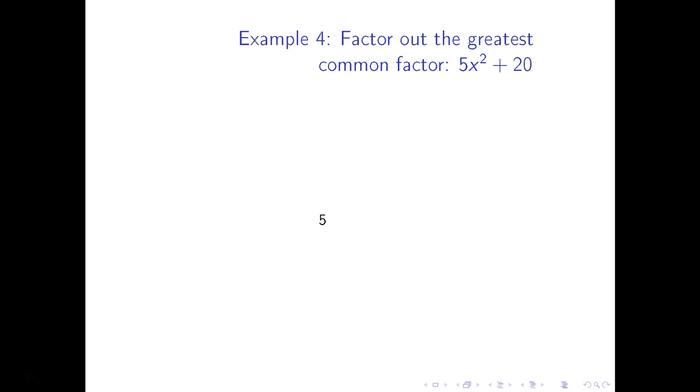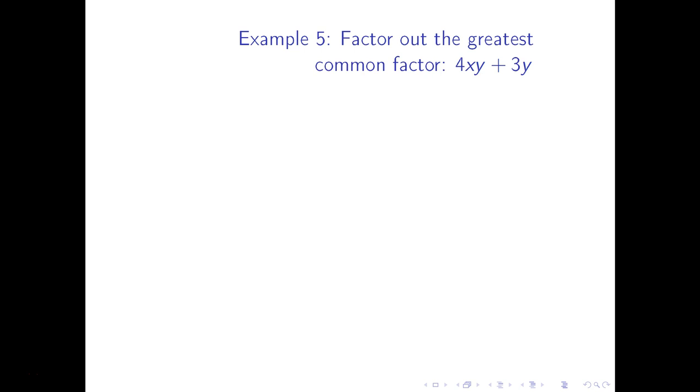Now I have to ask the question of each of the terms. 5x squared, if I divide that by 5, so I factor 5 out, what's left over? Just x squared. If I divide positive 20 by 5, I'm left with 4. So this is factoring that expression by the greatest common factor. Again, you look at each of the terms, and then you divide out the greatest common factor.